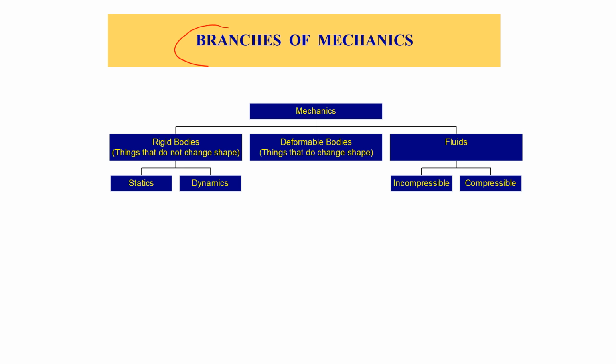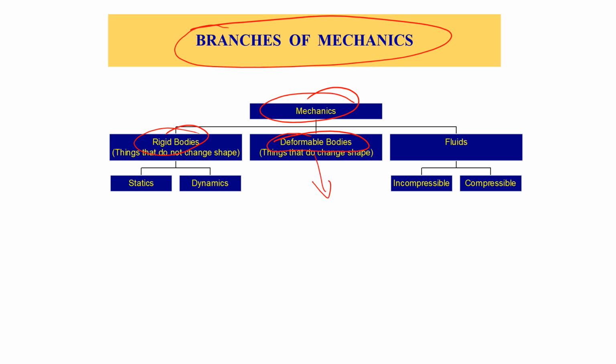So if you try to see the branches of mechanics, this is the broad classification. Mechanics can be classified into deformable bodies and rigid bodies. Deformable body means if you have a body and you apply a force to it, there is a deformation of the body. That means the length either decreases or increases, or in other words, the cross-section area changes.